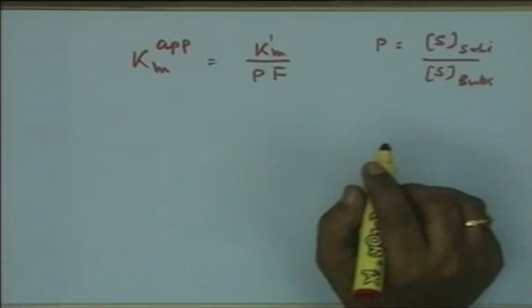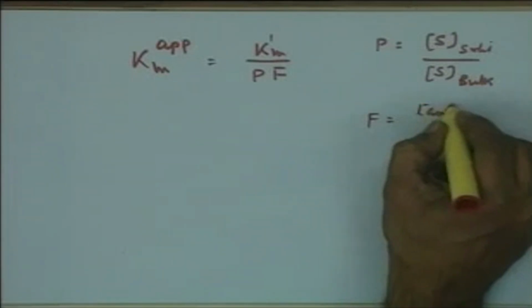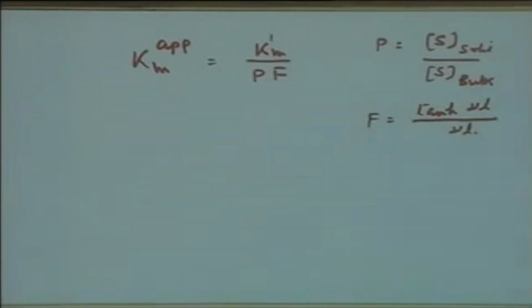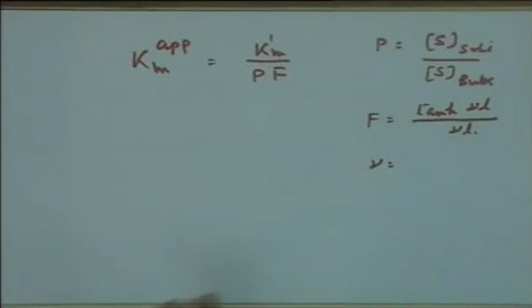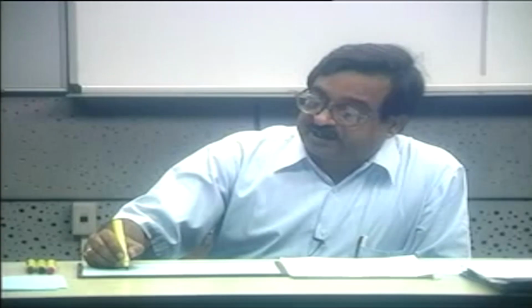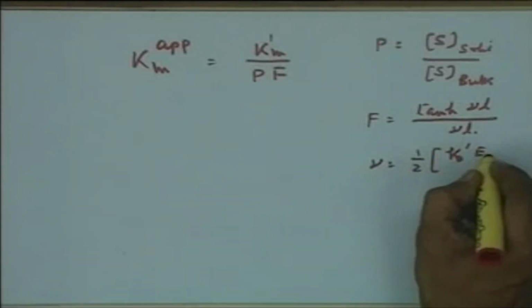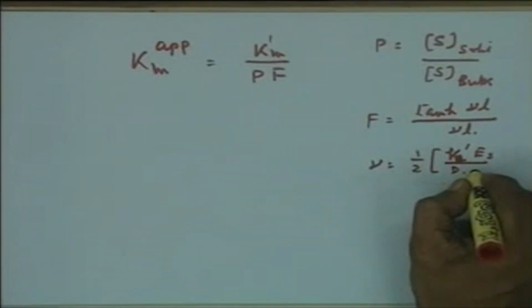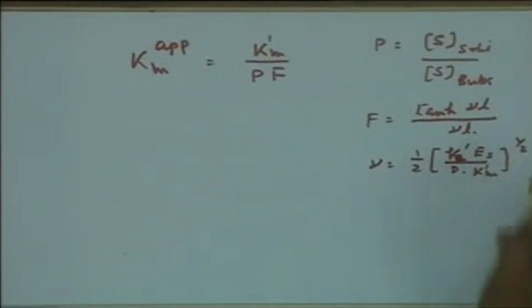On the other hand, F is essentially equal to tanh(γL) upon γL, where gamma is a ratio of the kinetic parameters to the diffusional parameters, which is defined as (K2 dash Es upon D K dash m) to the power half.